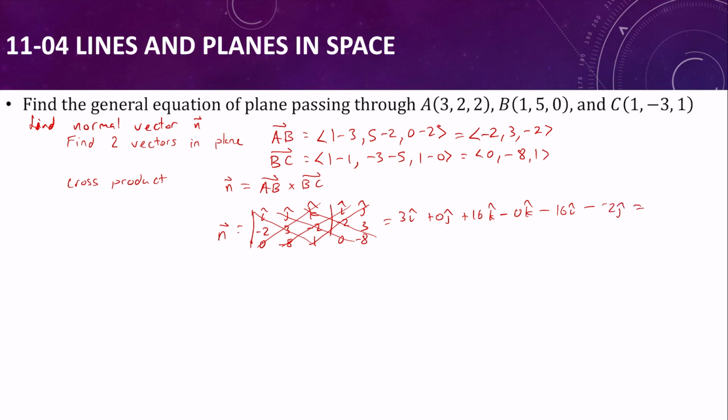So it looks like we have negative 13 I's, 2 J's, and 16 K's, or negative 13, 2, 16. That is our A, our B, and our C.